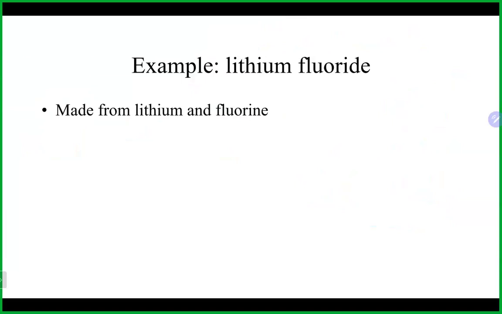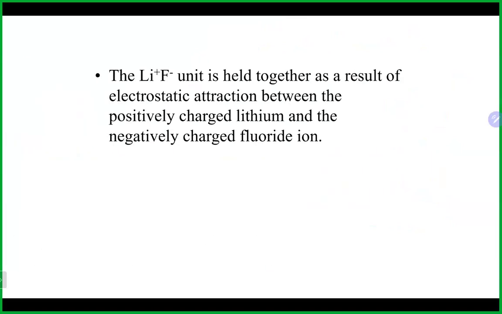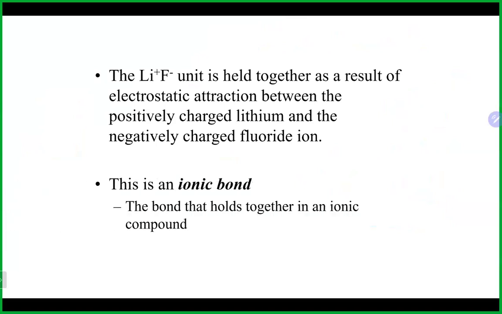Let's look at the idea of what we just saw there. Once again, what is holding that together is no sharing of electrons. It is the attraction between the positively charged cation and the negatively charged anion, which is the fluoride.